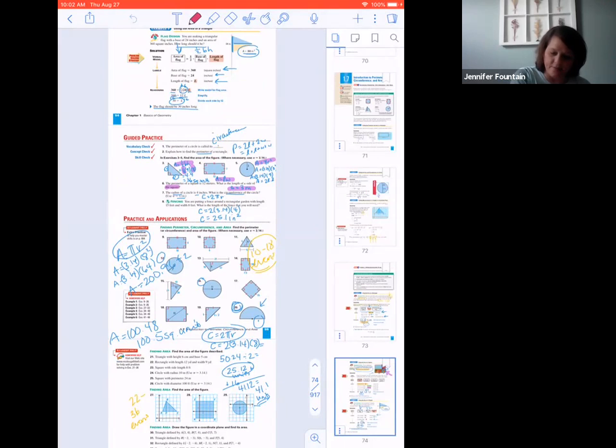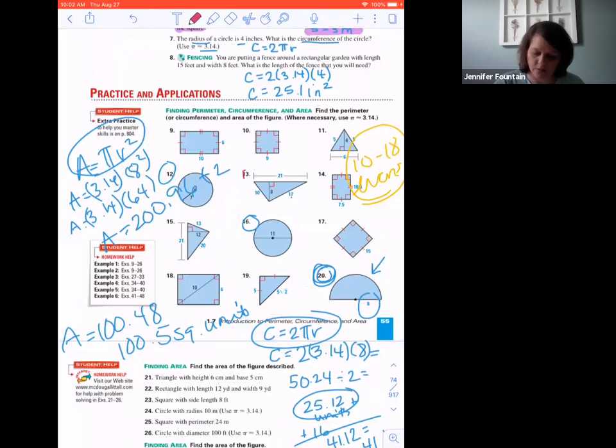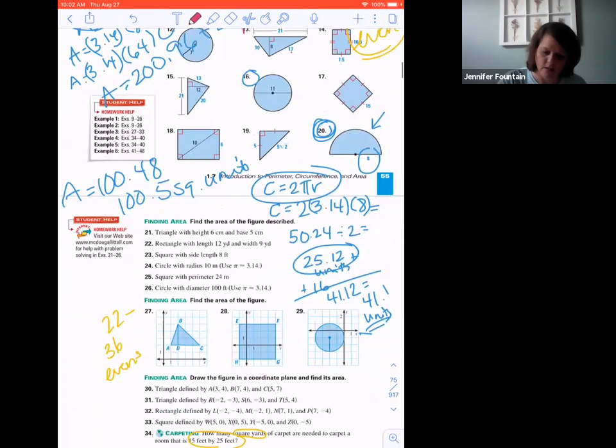We will have page 55, numbers 10 through 18 evens, and then 22 through 36 evens.